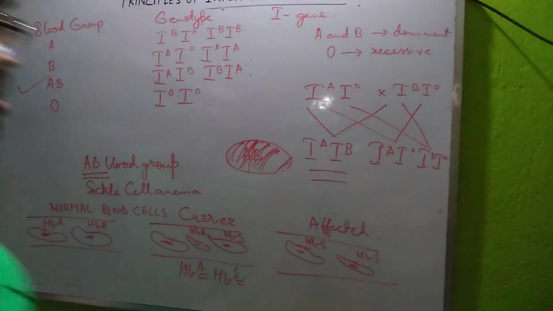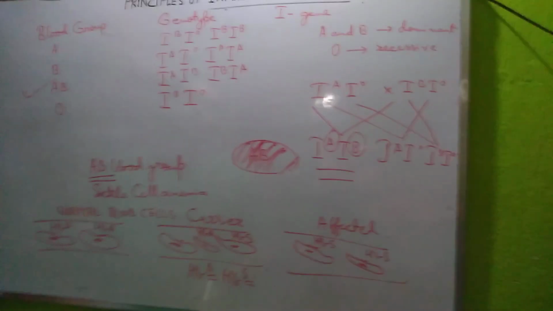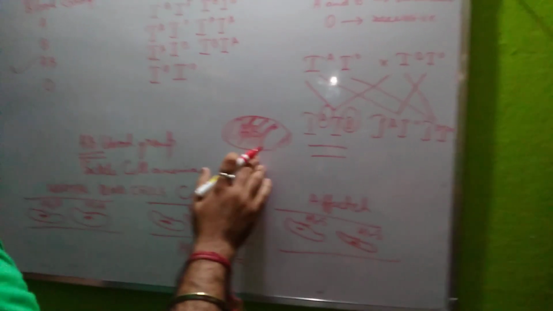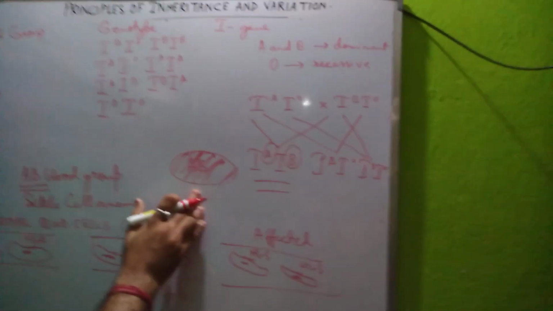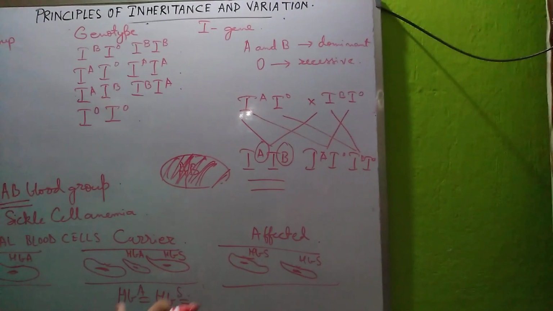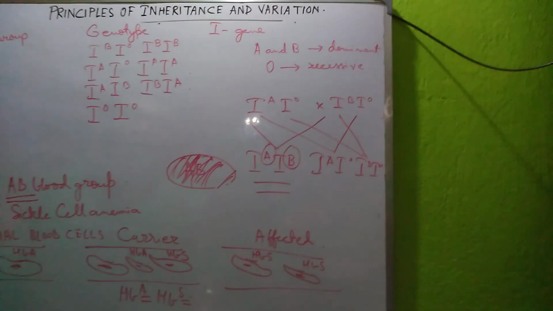But see here, both the genes A and B are equally responsible for the blood group AB. That means on the surface of the RBC, both the antigens are equally participating and both are dominant. It is not like one will be more pronounced than the other.